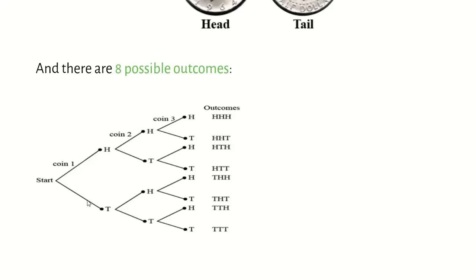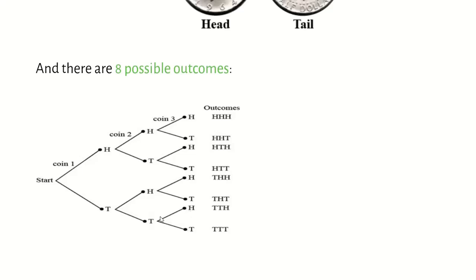Or we may have a tail for the first coin, a head for the second coin, and a head for the third coin. Or a tail for the first coin, a head for the second coin, and a tail for the third coin. Or a tail for the first coin, a tail for the second coin, and a head for the third coin.